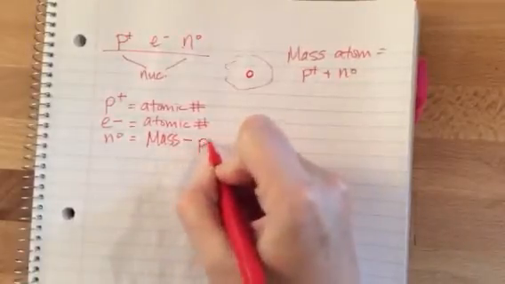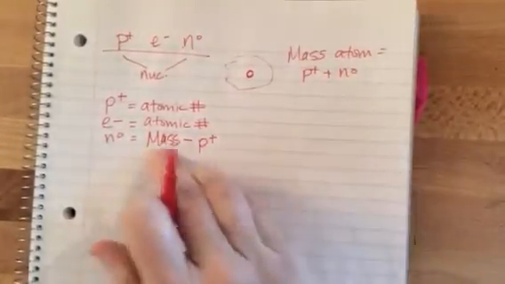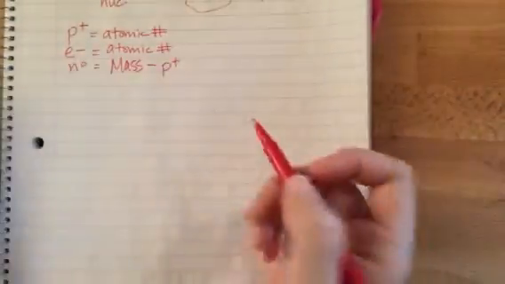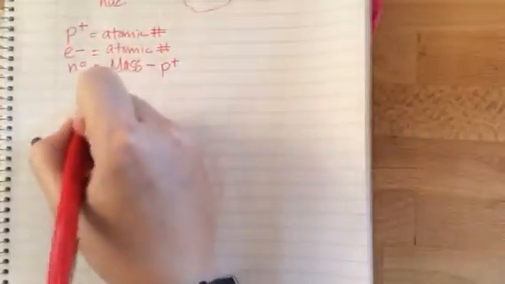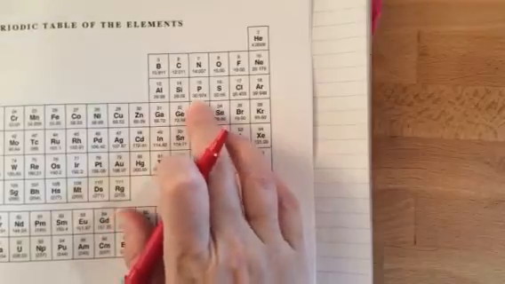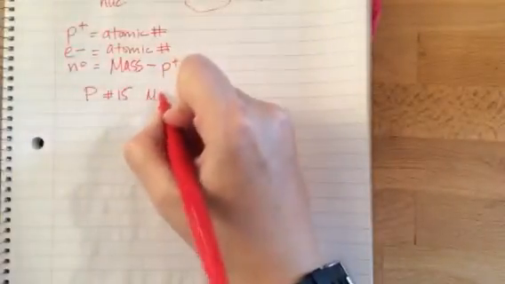We're going to subtract off the number of protons, or the mass minus the atomic number. So just to do a couple of examples, if you wanted to know how many protons, neutrons, and electrons are in phosphorus, phosphorus is number 15 on the periodic table. It's right there. We need to take that mass and round it to a whole number of 31.